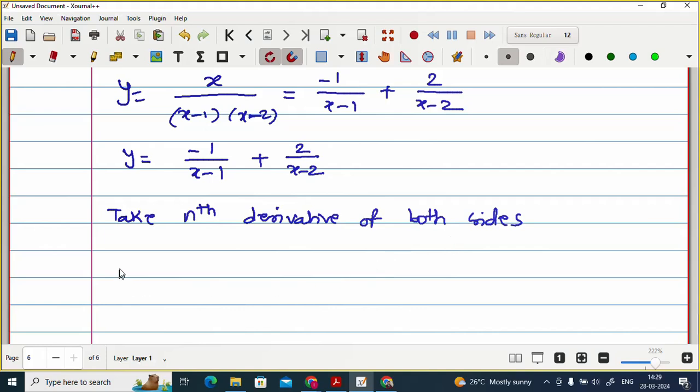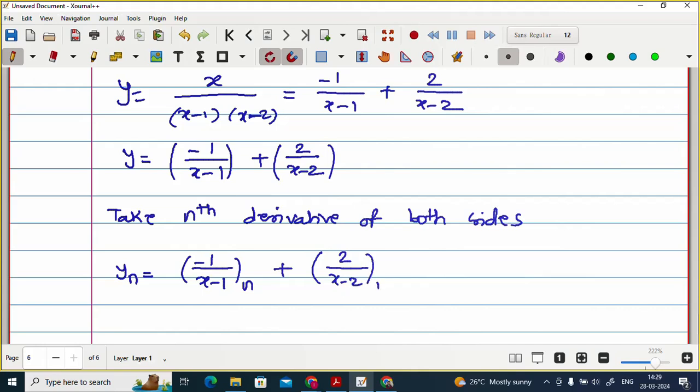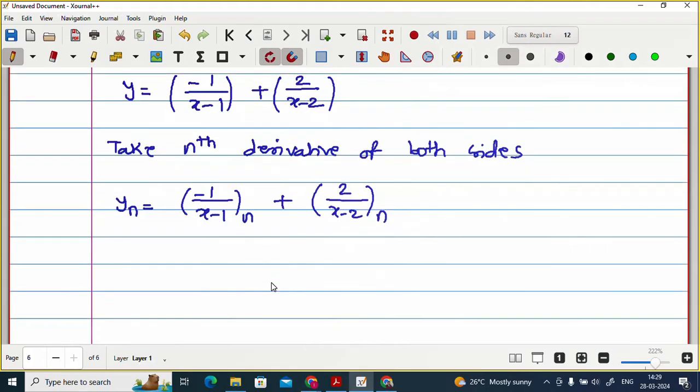So it will be LHS nth derivative yn, and RHS nth derivative certainly we can apply separately over the addition, means it is nth derivative of minus 1 upon x minus 1 plus nth derivative of 2 upon x minus 2. That suffix indicates the nth derivative. If it is n minus 1, then that suffix will represent the n minus 1th derivative.